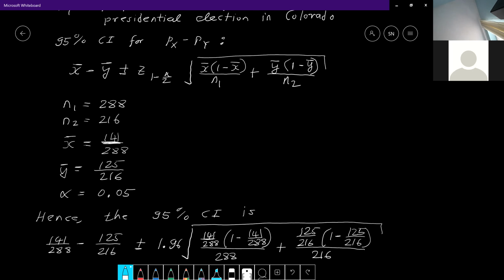Obviously, if you have a calculator, let me check the solution. The solution is online, so you should be able to see it.